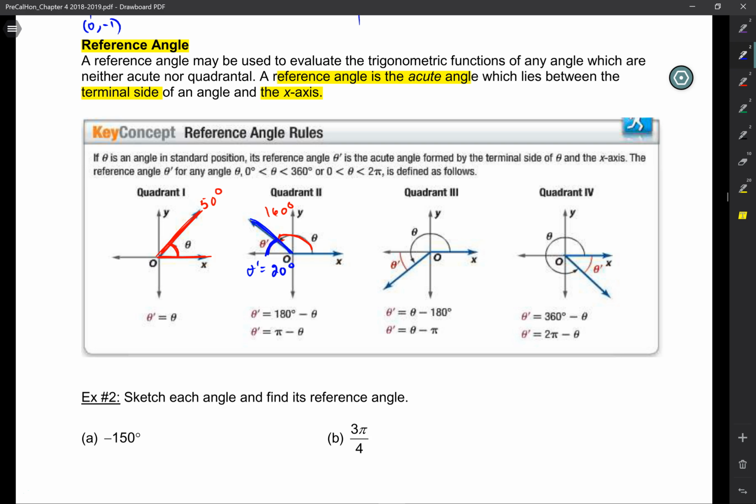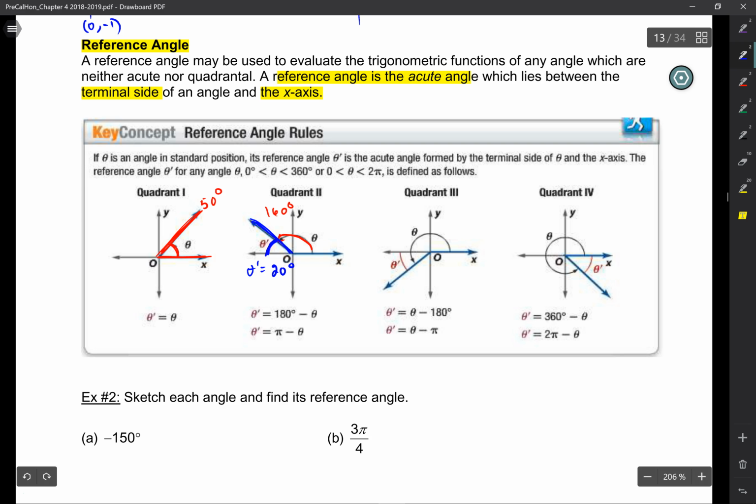Your reference angle is only allowed to be acute. So if this is the terminal side, it's got to be between the terminal side and, as I always say, the nearest x-axis. What do I mean? From the terminal side, I could go this way to the x-axis or to the right to the x-axis. The closest distance is what I take. You only go to the x-axis. So let's take this one here.